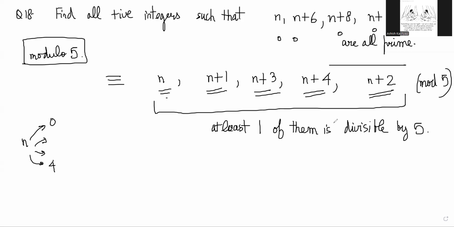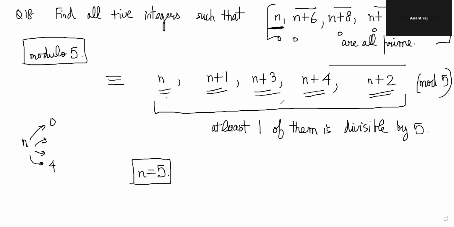Now we know that all of them are prime, and the last four of them are clearly bigger than 5. So only n can be 5. N must be 5 then, right?